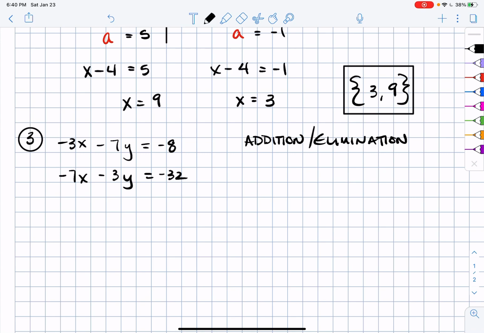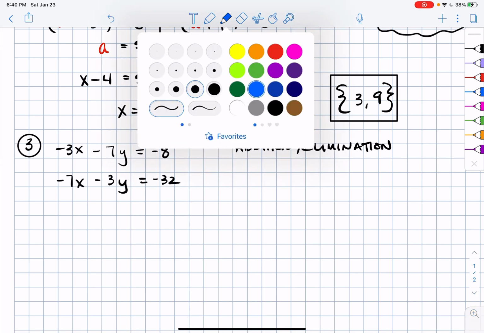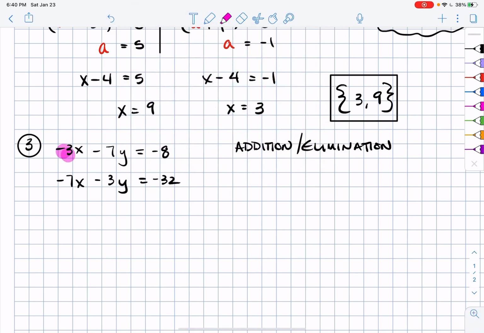Why not? Okay, so what I have to do is, when I eliminate the x, I have to look at its coefficient, right? I got to look at its coefficient and say, okay, what can I make that equal to? I can make both of them 21, but I need one of them to be positive and one of them to be negative.